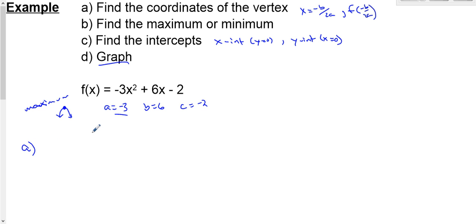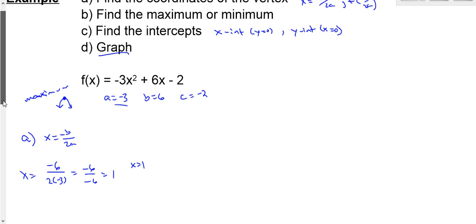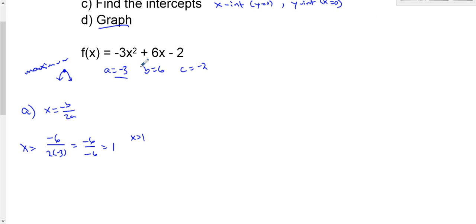Starting with part a, I'm again using x equals negative b over 2a. b is 6, so negative 6 over 2 times negative 3. That is going to give us negative 6 over negative 6, which is 1. So x is equal to 1. To find the y, I have to evaluate this function at 1, so f of 1.